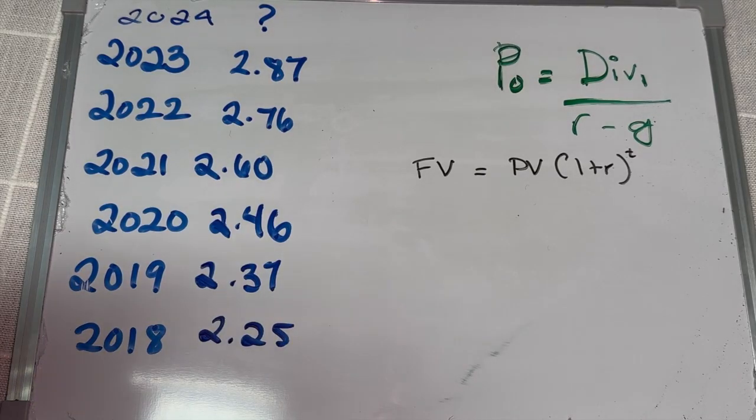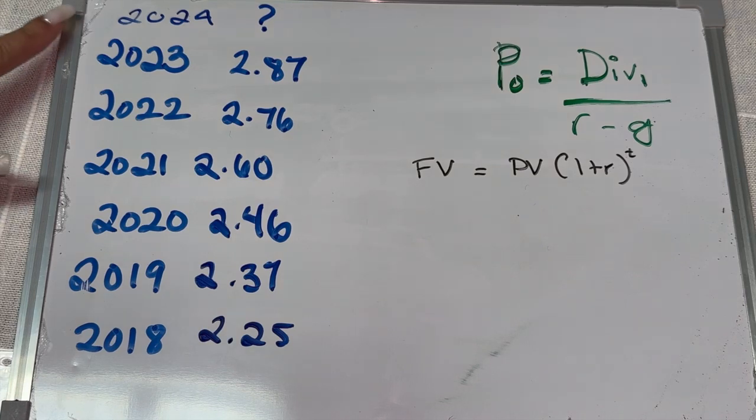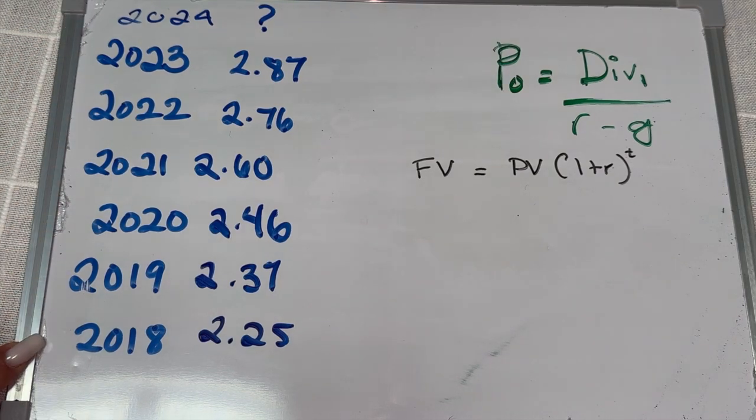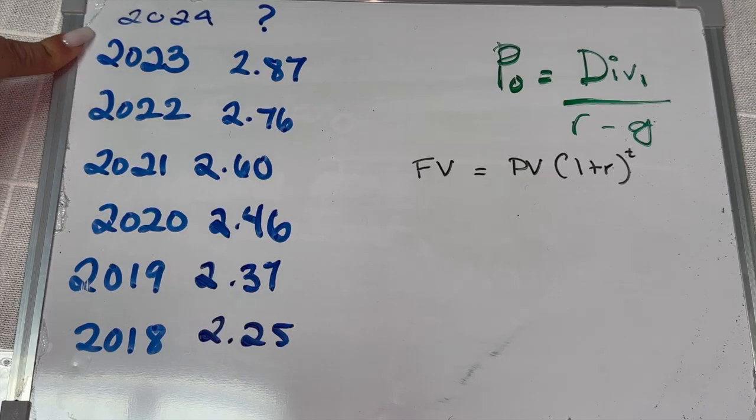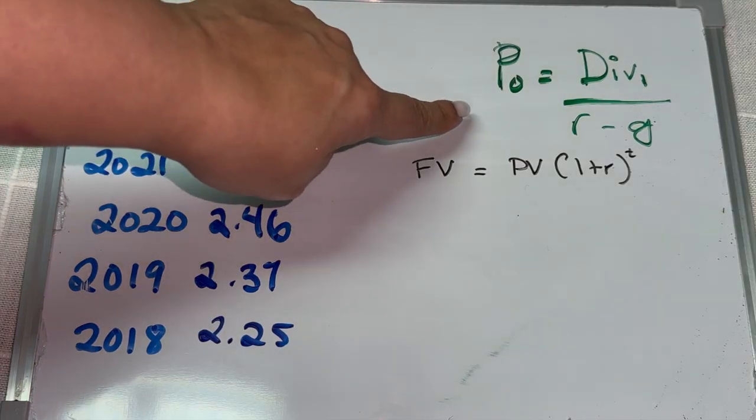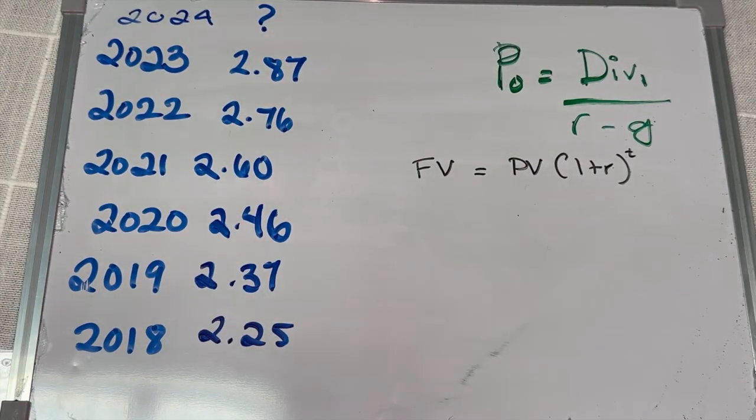So let's continue with the constant growth model. This is an example taken from the model question 710. Let's look at it. If we had these dividends paid in those years, and we want to get the price of the share based on these dividends, we know per the model that we need the next dividend, D1.